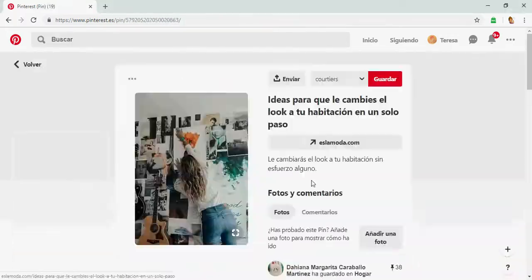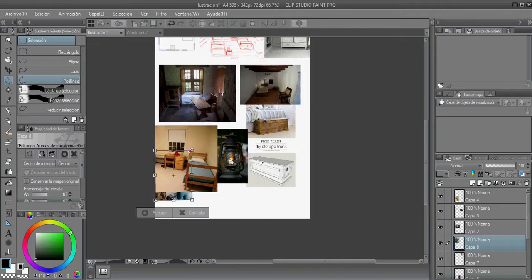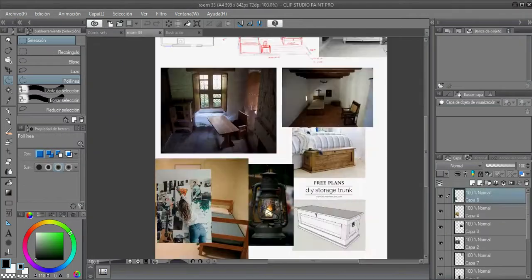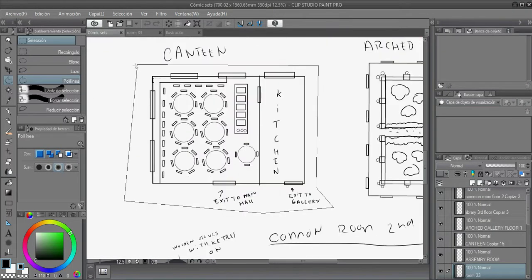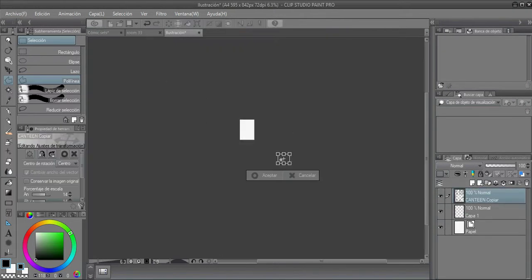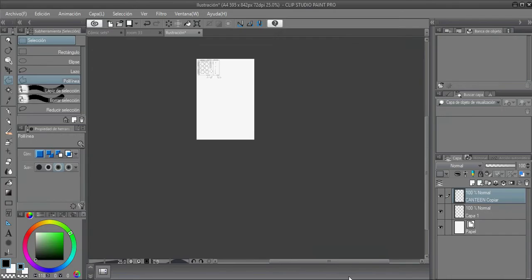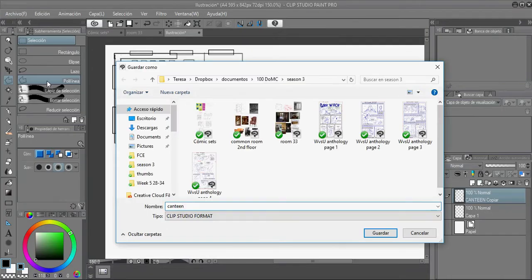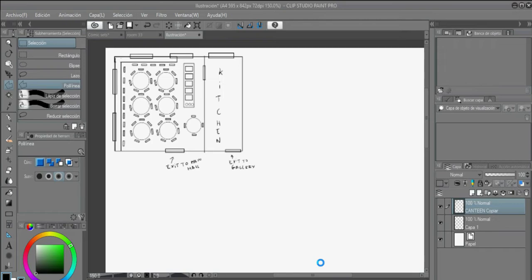So now that you know what you want, how do you get what you want? Well, I'm gonna give you a dose of perspective, pun intended. Backgrounds in comics are one of the most time-consuming things ever, period.